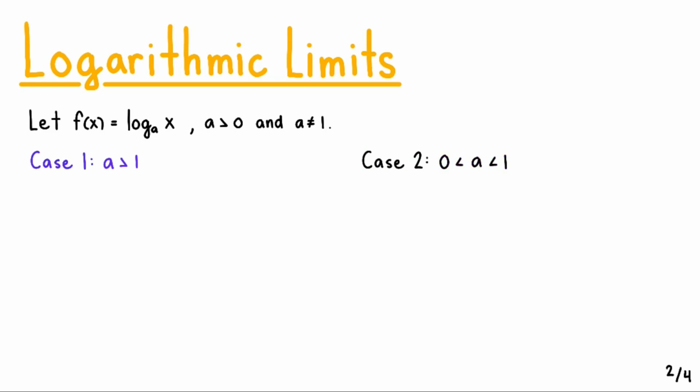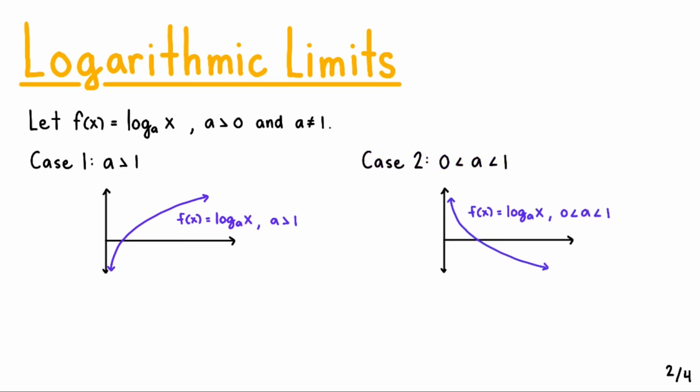For the first case, its graph would look something like this. It is definitely increasing. For the second case, its graph would look something like this. It is decreasing. This is something that we know from the past on logarithmic functions.